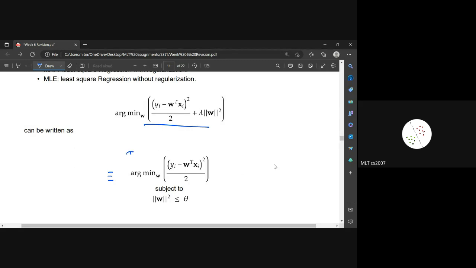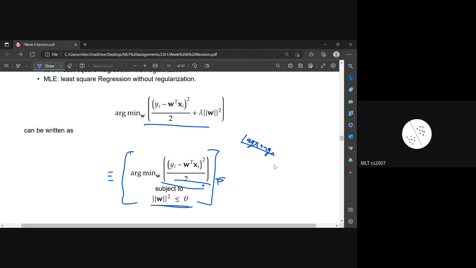Have you seen such kinds of problems in your optimization course? This is your objective function and this is your constraint function. Have you seen words like Lagrangian? Yeah, we've seen it in MLF. Right? So you must have solved such optimization problems.